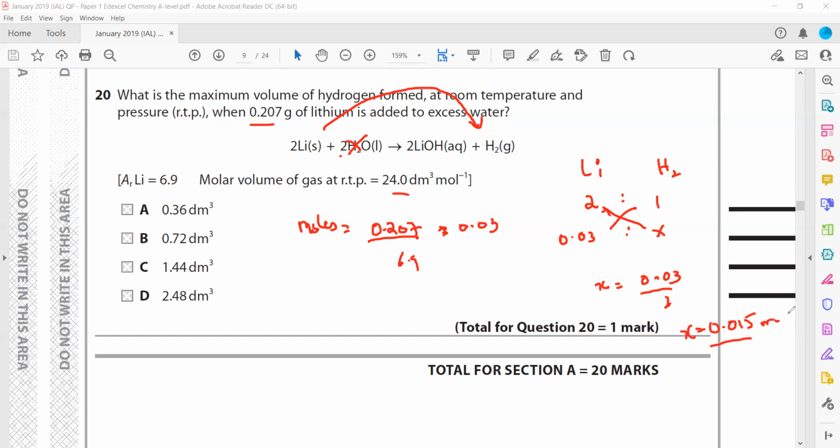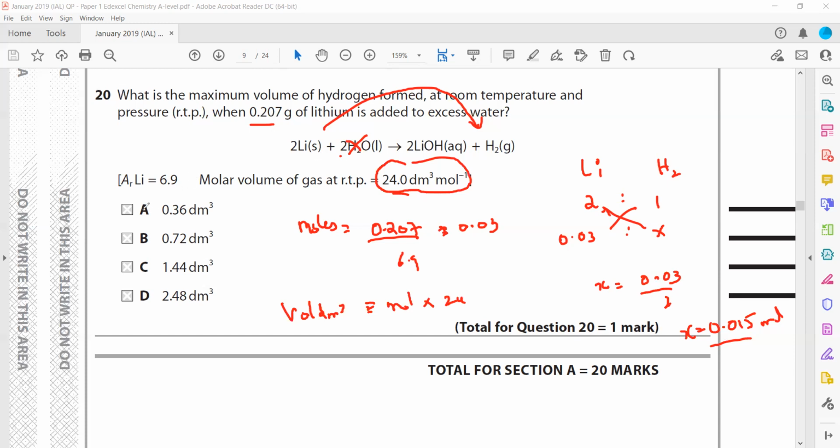But these are the moles of hydrogen. We need the volume. So volume in dm cube for a gas is equal to moles multiplied by molar volume, which is 24. Remember, this is the molar volume at standard temperature and pressure. But in some questions, if the temperature and pressure are not standard, then the molar volume will be different, according to the question you will use.